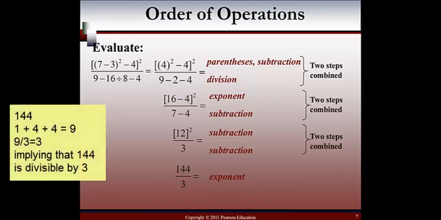If that equals a number divisible by 3, then the whole number is divisible by 3. So 1 plus 4 will give us 5, and that plus 4 will give us 9. Is 9 divisible by 3? Yes, it is. So 144 is divisible by 3. And that gives us our 48 as our final answer.